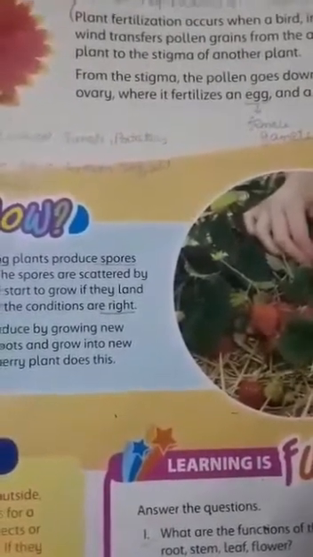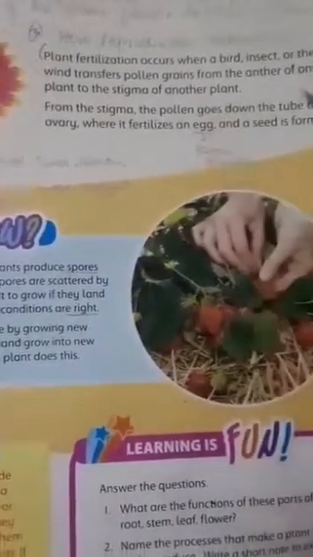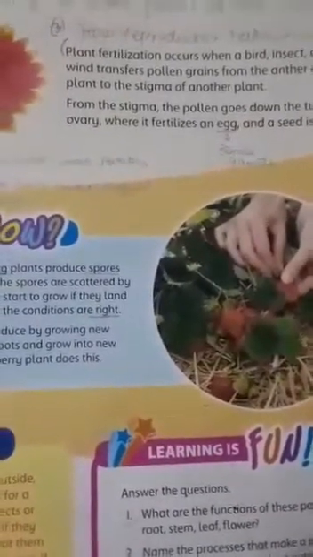It means that for sexual reproduction to take place, male gametes are fused with female gametes to form a zygote. Male gametes have to reach the female gametes by the process of pollination. What is meant by pollination?